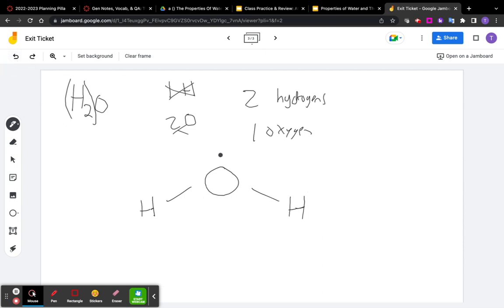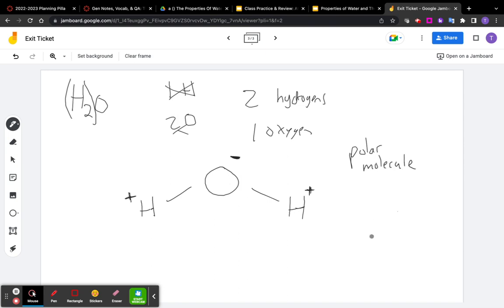Now what that does, since oxygen has more attraction to the electrons, there are more negatively charged electrons around the oxygen, so it gets a sort of partial negative charge. And since the hydrogens are sort of losing the electrons, they don't have them as much, they get a more positive charge. Now this is called a polar molecule.